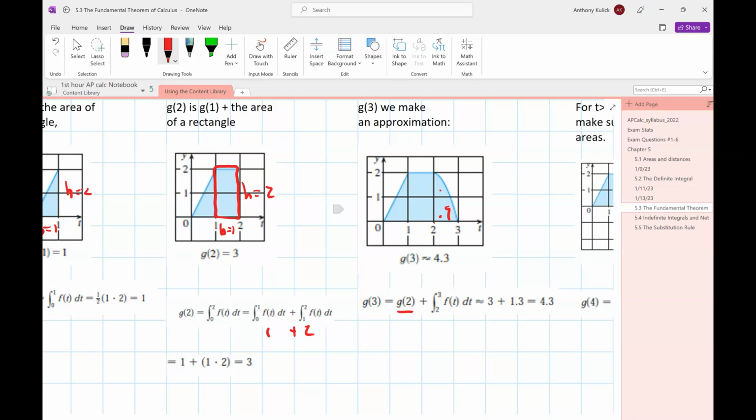And this one up here looks like about 0.4 of a box. You guys buy that? A little less than half. So the area is just going to be 1.3 for that part. So if I take my previous answer for g of 2 and I add the 1.3 to it, I have 4.3.